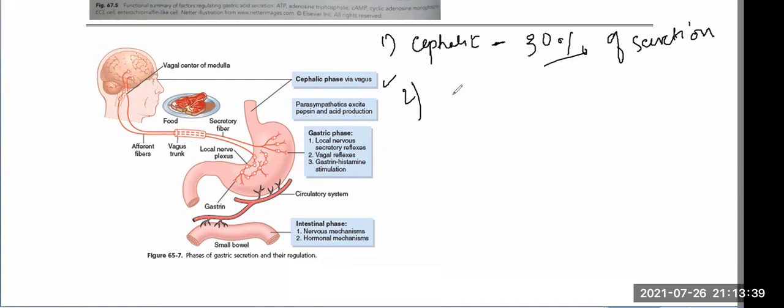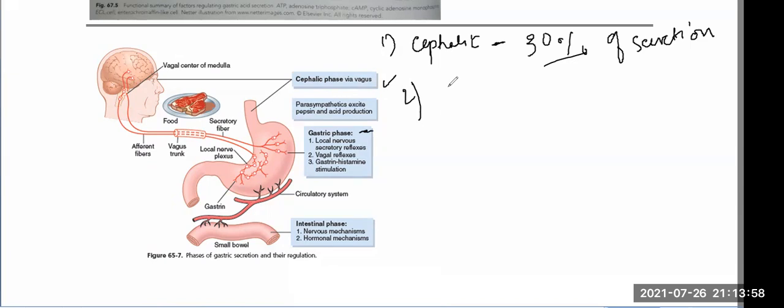Second is your gastric phase. Gastric phase occurs when food enters the stomach. Whenever your stomach detects food inside, it will start secreting.